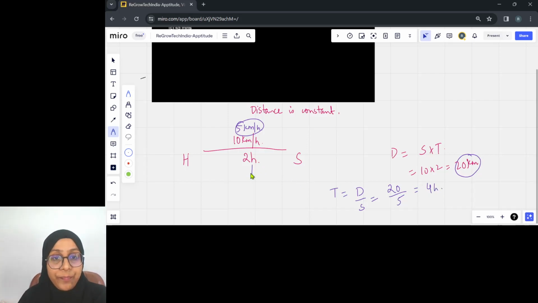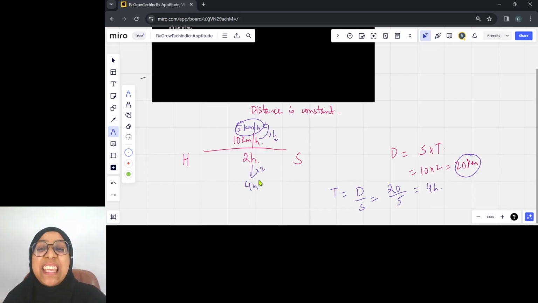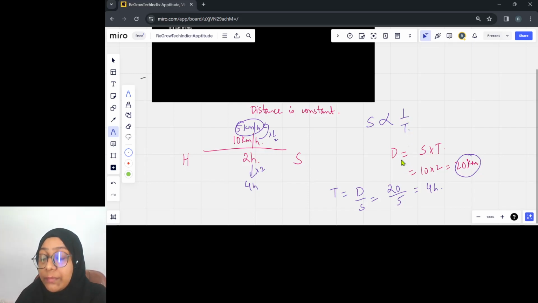And as you can see, the double of 2 is 4. So this is becoming twice when this is half of it, right? So as you can see, the relationship between the speed and the time is inversely related. So they are both inversely related. The speed is inversely related to time.